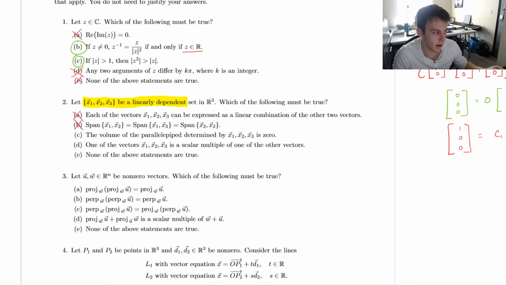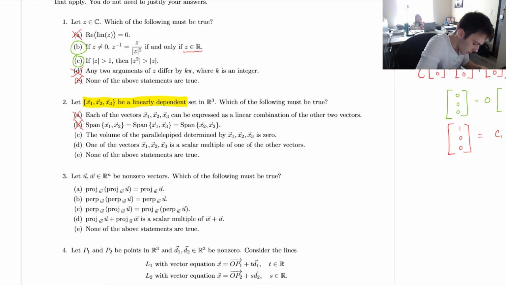We're not spanning R3. If we were spanning R3, then these 3 vectors would be linearly independent. For us to have a volume, we need to be in all of 3D space. If we were on a plane, the volume would be 0 because we'd be squished. And if we were all on a line, we'd also be squished, so the volume would be 0. So thinking of it visually, we know that the volume must be 0 because it's a linearly dependent set. So this one is true.